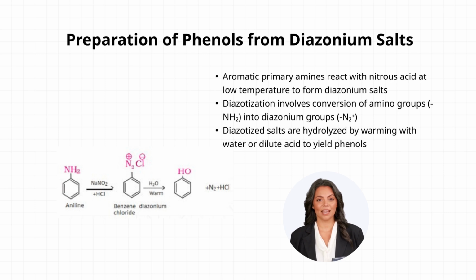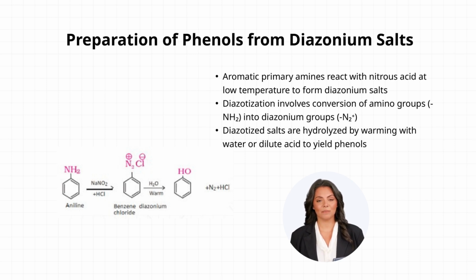Next up is a method that involves the creation and transformation of diazonium salts, which are fascinating intermediates in organic chemistry. Let's focus on the molecule aniline, which is a benzene ring attached to an amino group, NH2.